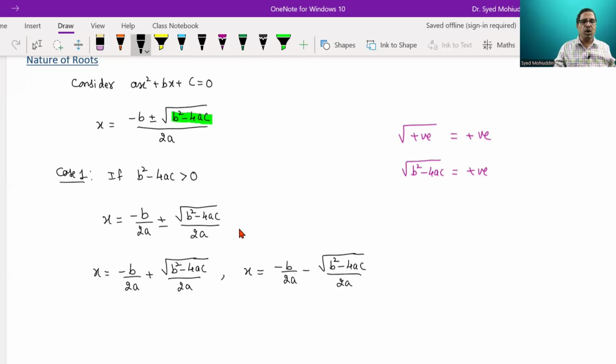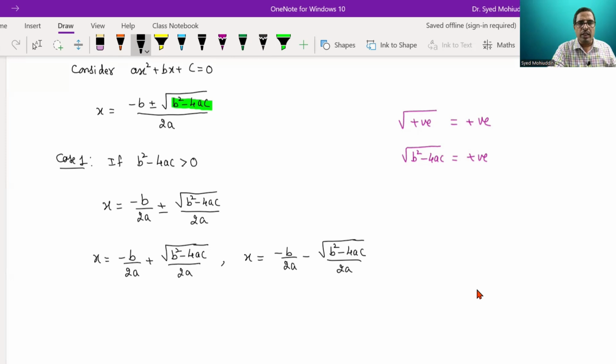So that will be the roots of the equation. Hence we see that over here we have a positive value and over here we have a negative value, and both the roots are different, or we can say that both the roots are distinct roots. So whenever b square minus 4ac is greater than 0, we get distinct roots.